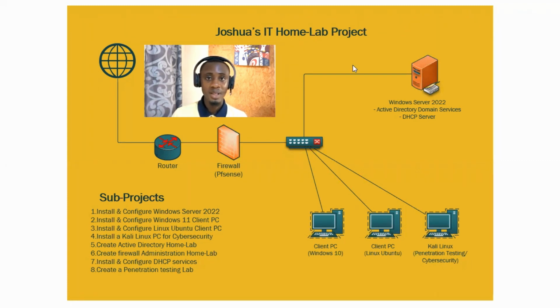If you go on my channel, you'll see that I have uploaded several videos previously where I walk you through how to install different types of systems, running a Windows Server, Ubuntu, and Kali Linux, or Windows 10, Windows 11 on different types of hypervisors.